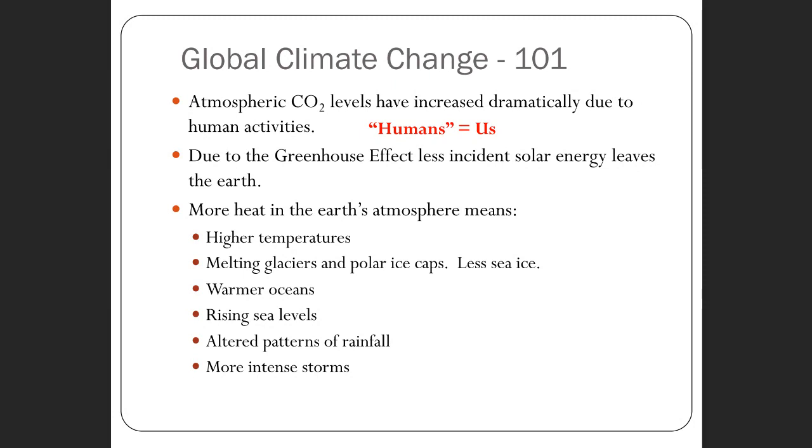We're melting glaciers and polar ice caps, less sea ice in the Arctic, warmer oceans, rising sea levels, right, et cetera. When we had these questions on the midterm, all of you could think of many, many good examples of some of the impacts that we made on the environment.